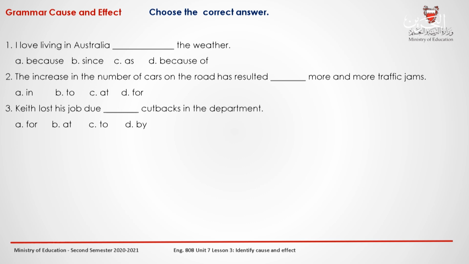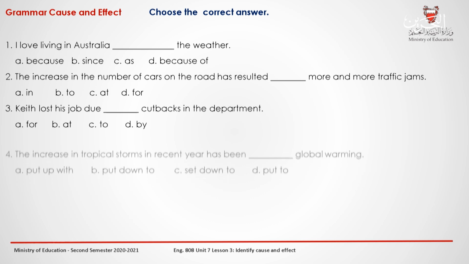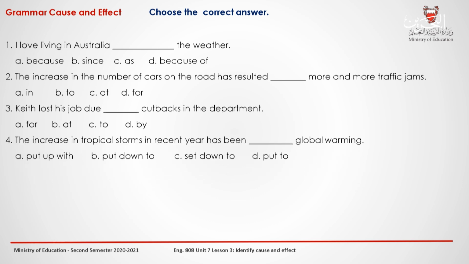Keith lost his job due cutbacks in the department. For, at, to, or by. The increase in tropical storms in recent years has been global warming. Put up with, put down to, sit down to, put to.